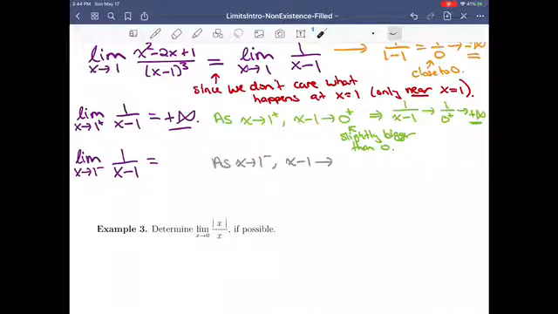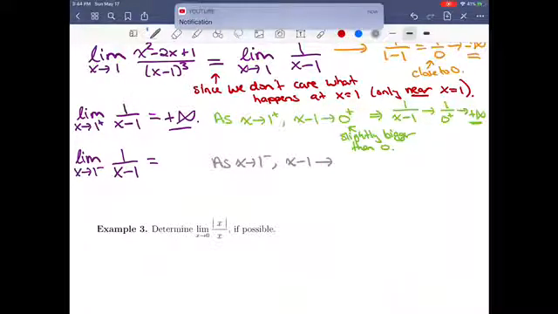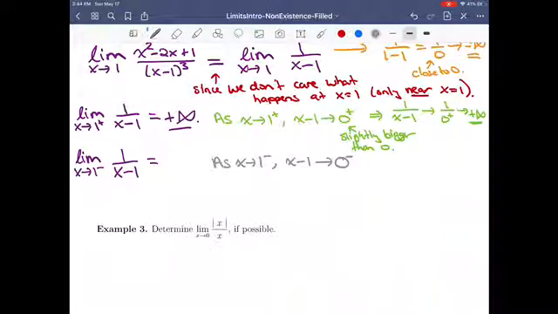When I subtract 1, I'm subtracting a number that's bigger. So that means that I'm going to approach 0, okay, but this time I'm going to be negative. So I'm slightly smaller. Okay, so I'm using our plus and minus notation in another way. So I'm slightly smaller than 0.